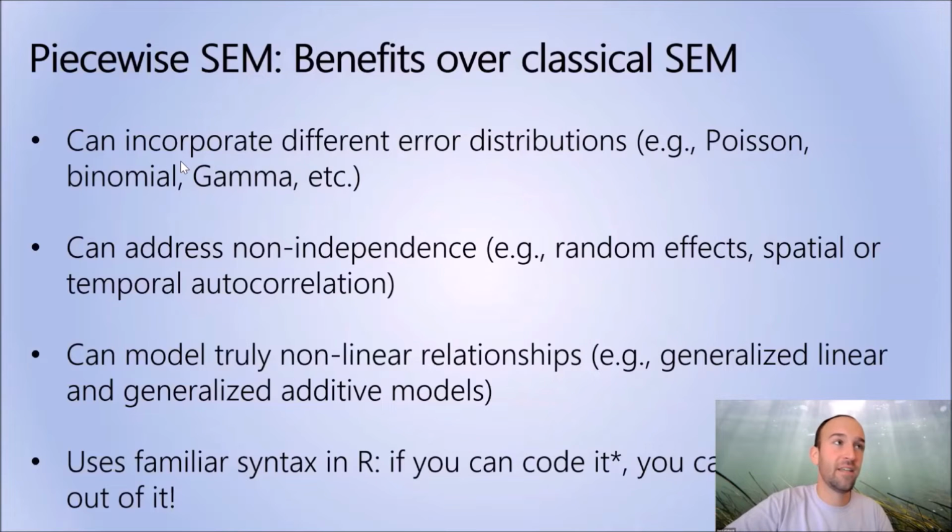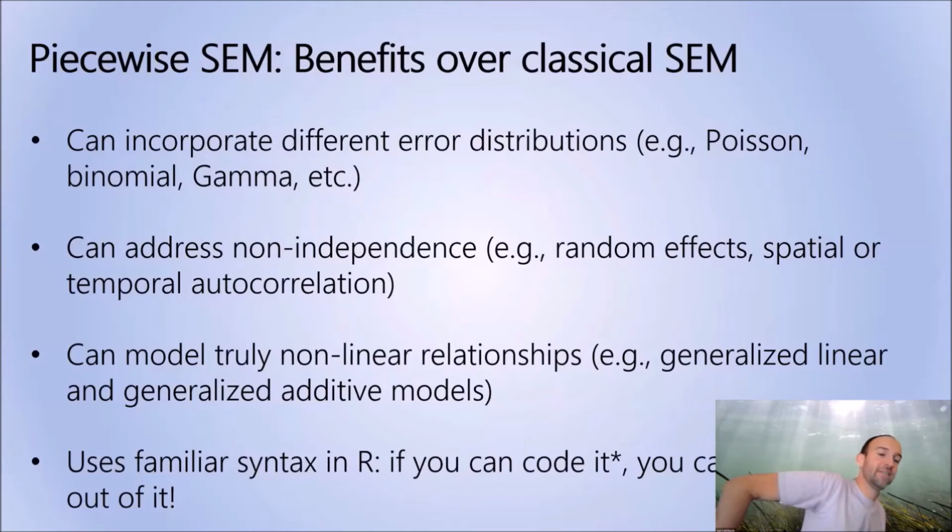I think it's the extension of SEM to these types of models that really attracted the attention of ecologists, because we are aware of the fact that the data we are collecting are not always, or perhaps rarely, normally distributed. So this gives us a lot more flexibility and power to honor the data generating processes that lead to the data that we observe or measure.